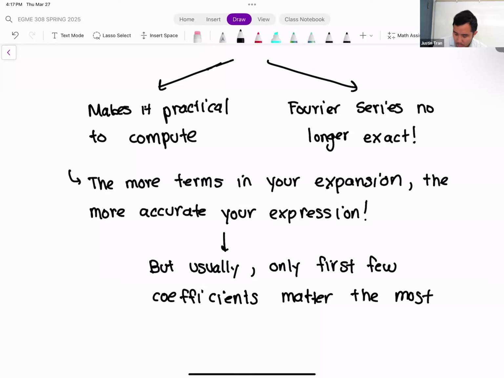Usually once you get into the higher coefficients, so n equal to 10, n equal to 20, by that time the coefficients are usually not that important.